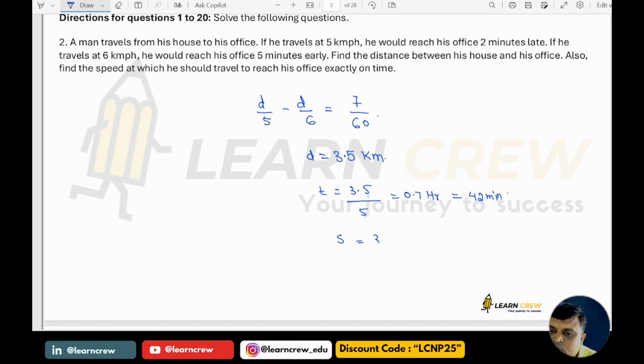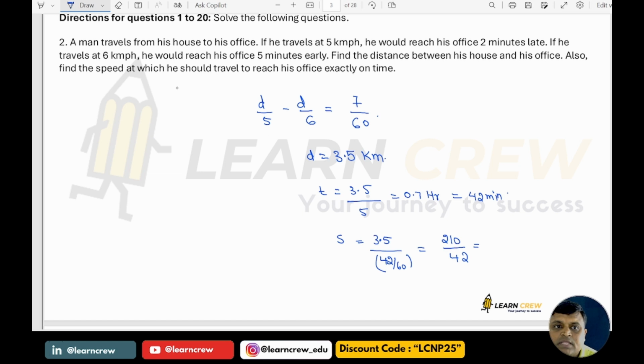Speed is equal to distance by time. Time is here how much? 42 minutes, 42 by 60. So if you simplify this, it is nothing but 3.5 into 60, which is 210 by 42, which is nothing but, already I think it is given.